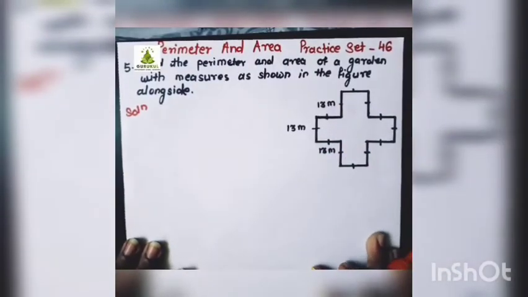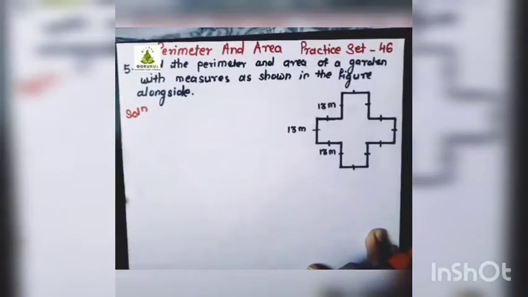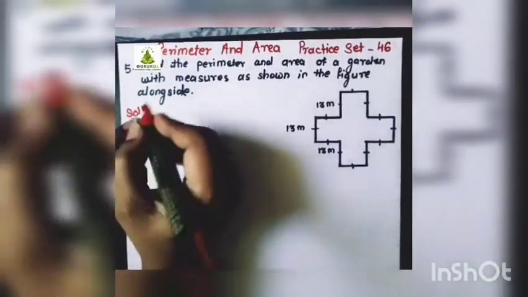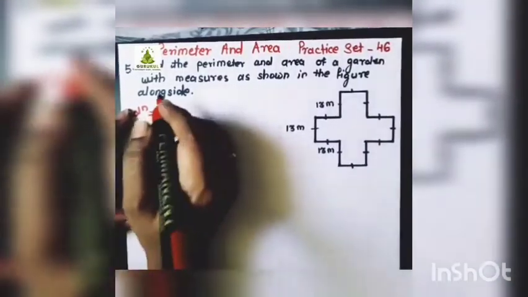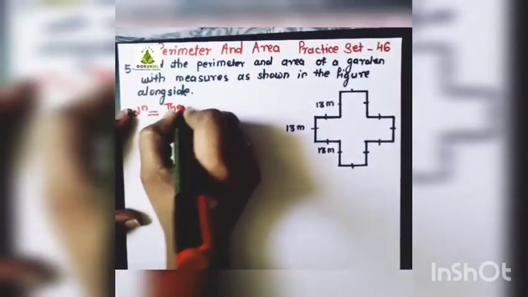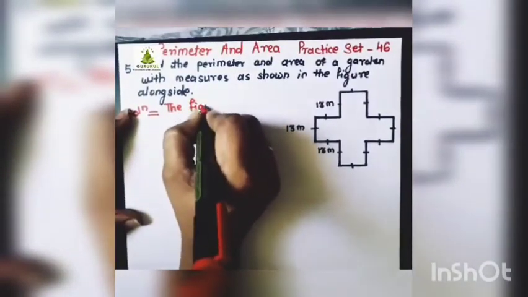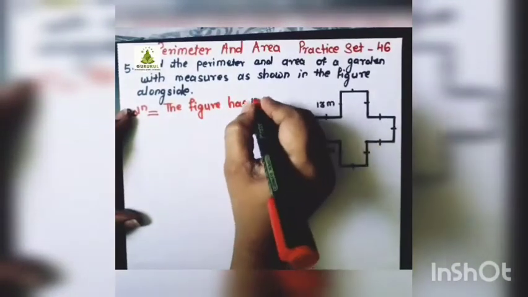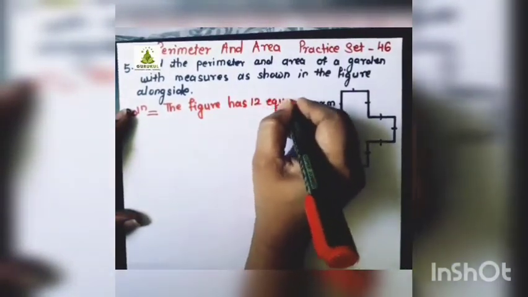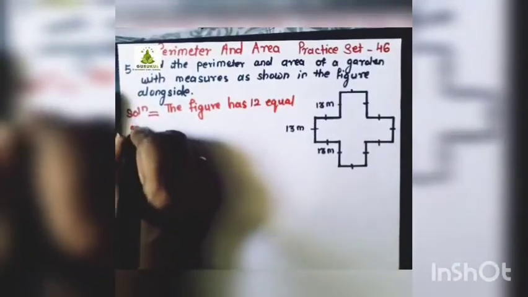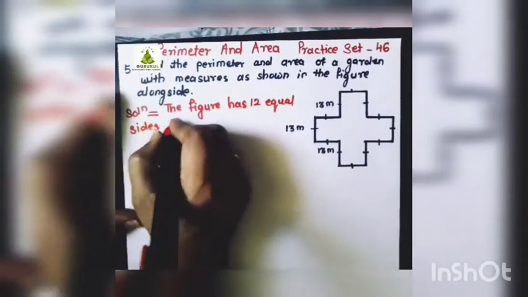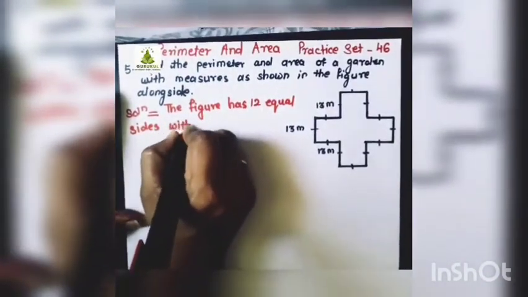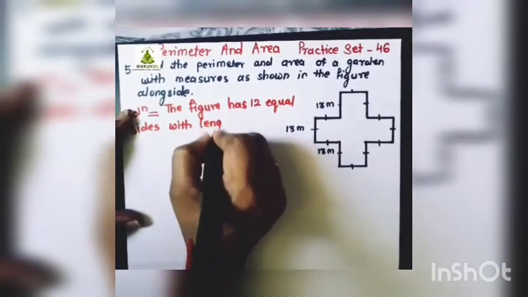Now to find the perimeter is very easy. Then we will write down the solution. The figure has 12 equal sides, each with length 13 meters.